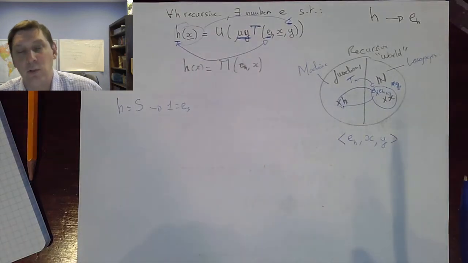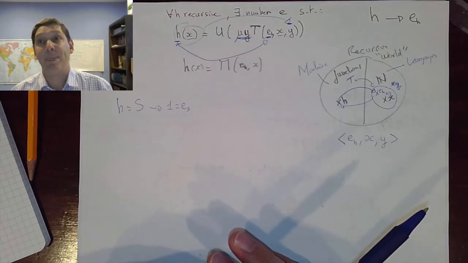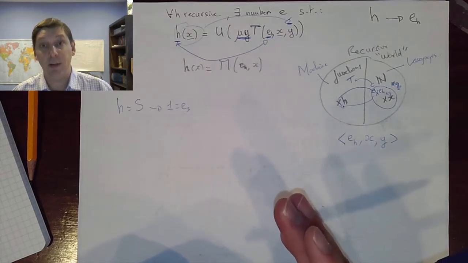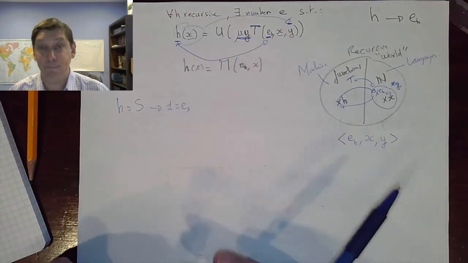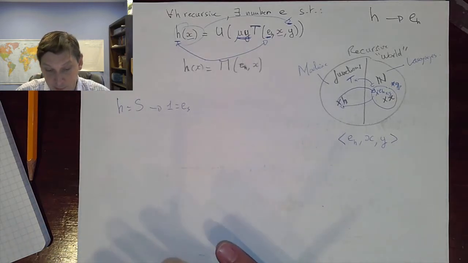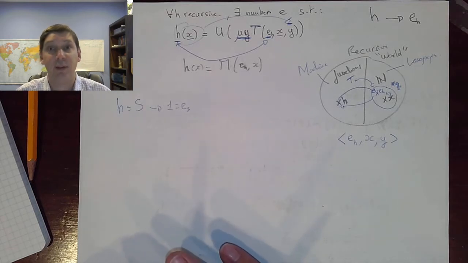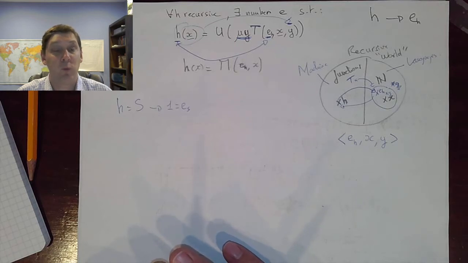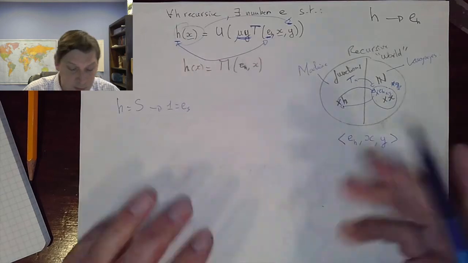We're going to use diagonalization, exactly the same process, to show that some functions are computable or expressible, but they are not recursively enumerable. And so you cannot enumerate all recursive functions. Okay, so here is the idea.